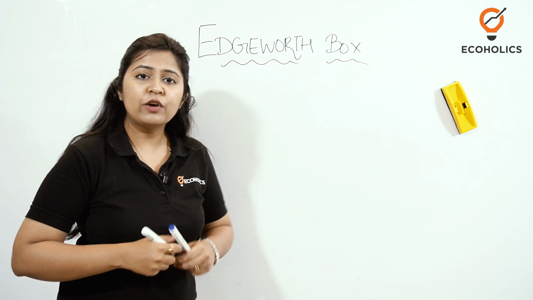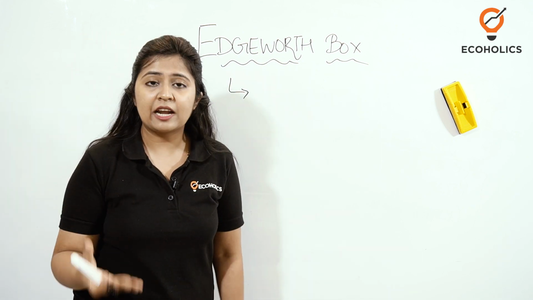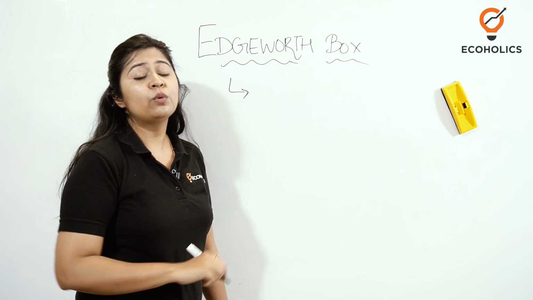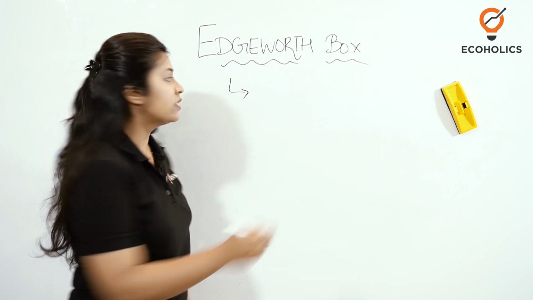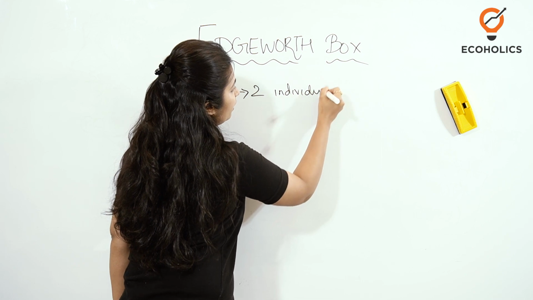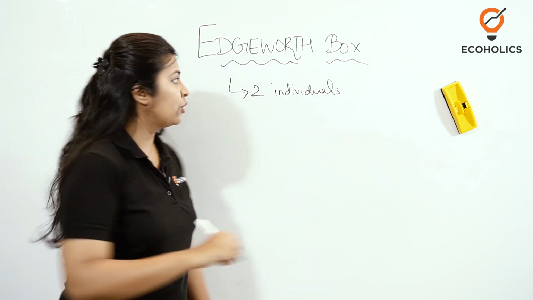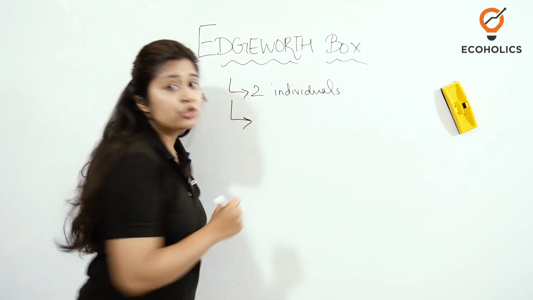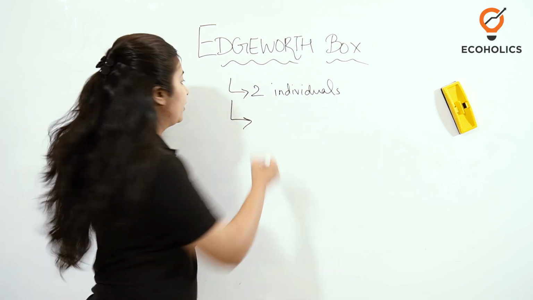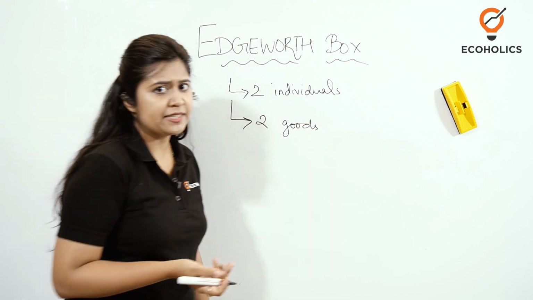For that we are going to make some assumptions. The first assumption is that there are two individuals in an economy. The second assumption is that there are two goods or commodities in an economy.